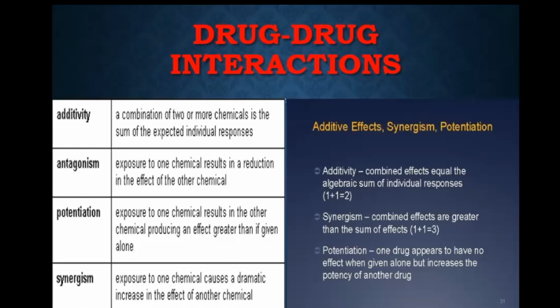Instead of giving both at 10 mg or 10 mg per hour, you can cut down both to 5 mg, 5 mg to achieve a similar effect. Okay, that's about it. In terms of additive, they do mention mida and ketamine. It's also the same. And then you have a synergistic effect and also your potentiation. So please read about it and think about your examples for each of them.